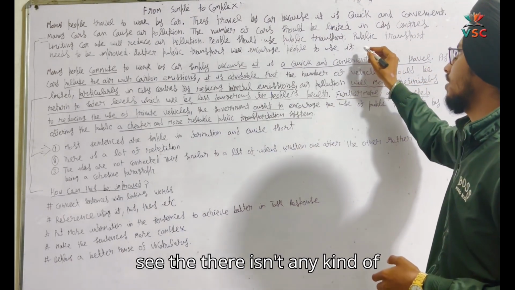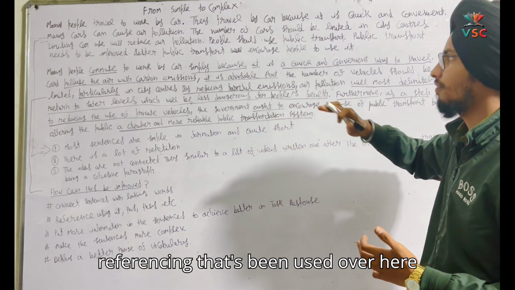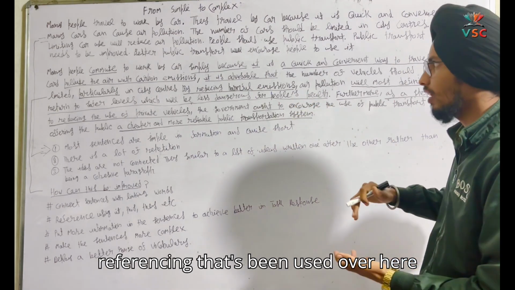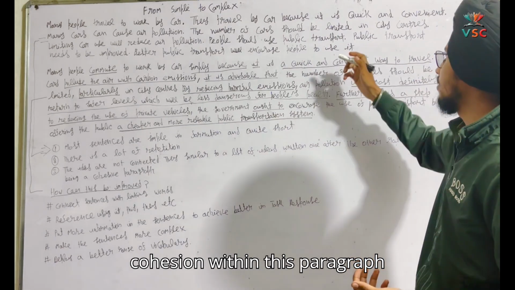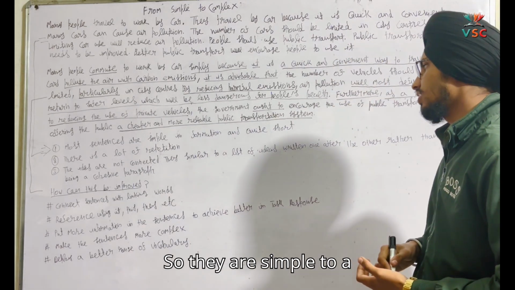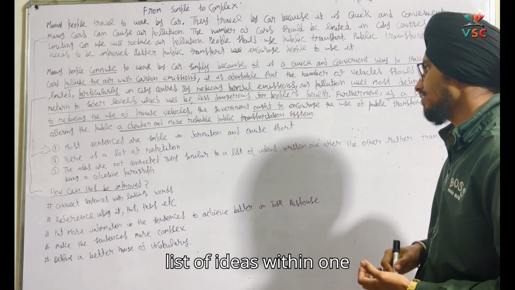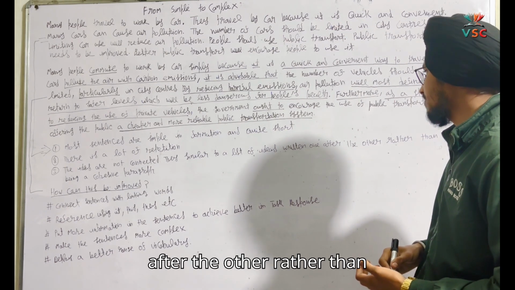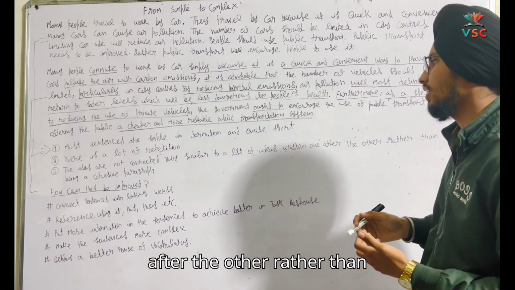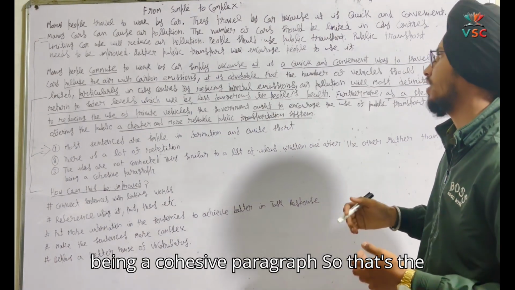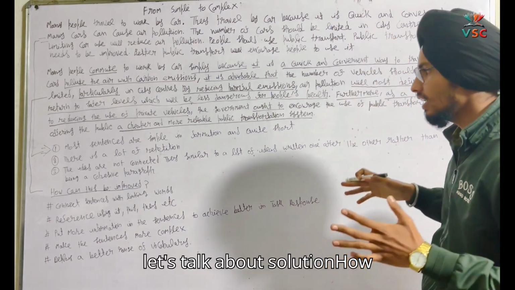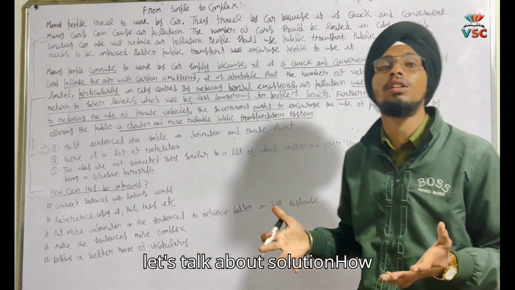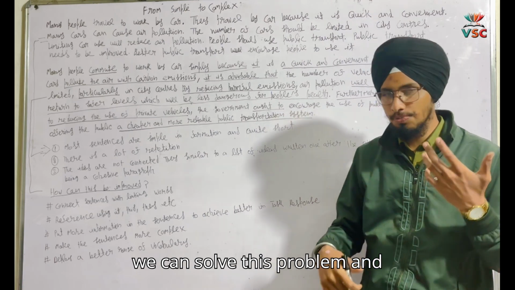You can see there isn't any kind of referencing used here to improve coherence and cohesion within this paragraph. They are simple, a list of ideas written one after the other rather than being a cohesive paragraph. So that's the major problem in this paragraph. So let's talk about the solution, how we can solve this problem.